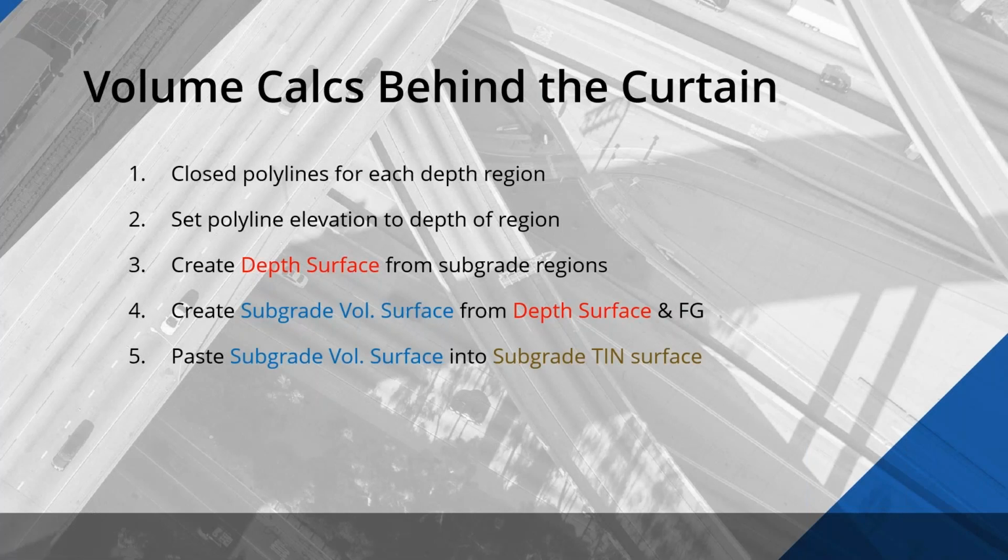And because we can't work with volume surfaces, we then paste the subgrade volume surface into a subgrade TIN surface. And then we have our actual subgrade surface. We can then use that to compare it to existing ground, or if we specify stripping depths, it'll compare to our stripping surface.